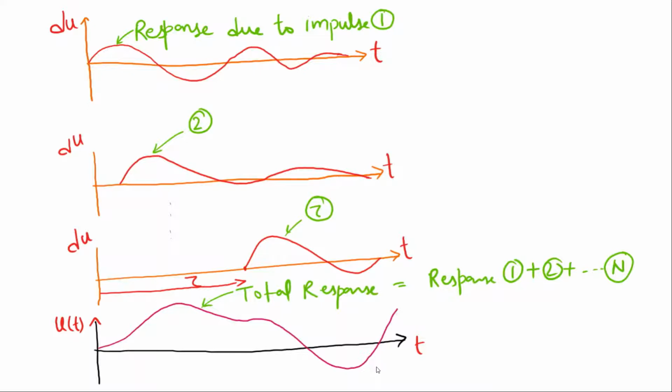When we sum up all the responses, this plus this and all, the total u(t) would be this much. So response 1 plus response 2 due to impulse 2, up to response due to impulse n, would add up and give the total response u(t).